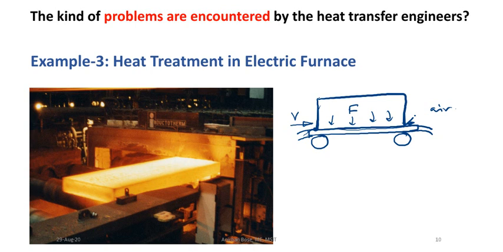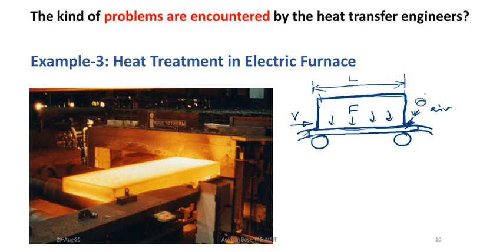Maybe we are interested to know what should be the length of the furnace, so that exactly outside its temperature will be just more than the austenizing temperature of the steel. So more than austenizing temperature for the normalizing process, it is possible that what should be the length of the furnace that is required to be designed.